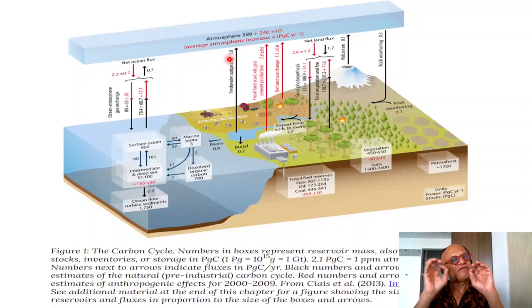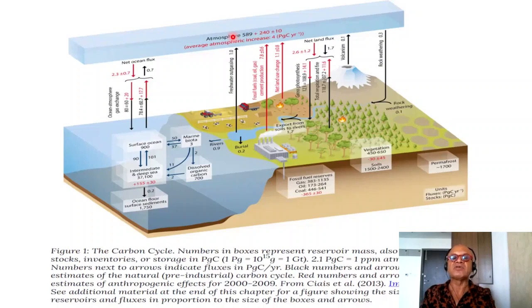If it is not in equilibrium, then the same concept is called characteristic response time. It's again the time over which the material that is added or accidentally released dies away exponentially, and how long that would take, and so on and so forth. So coming back to the carbon cycle, we are looking at the reservoir size of 589 petagrams.